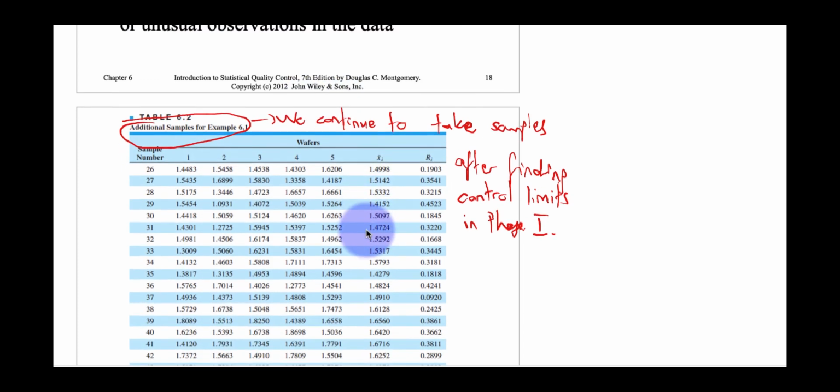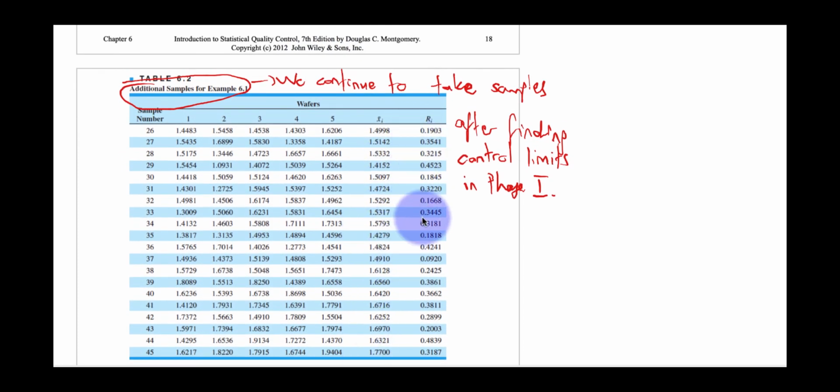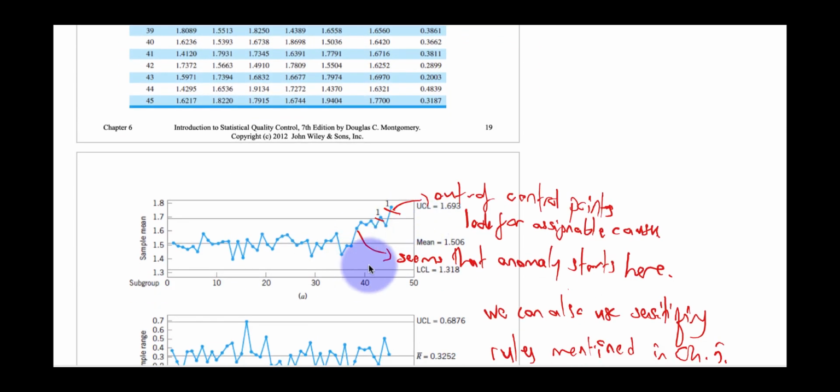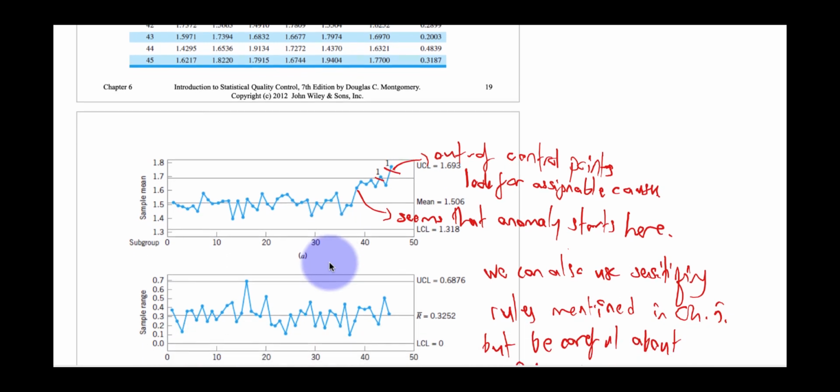After finding those calculations, sample averages and ranges, we plot these sample averages and ranges on the control chart with the control limits we have constructed. Right now, we do not calculate the control limits and the central line again.